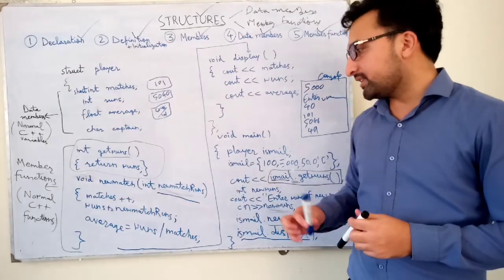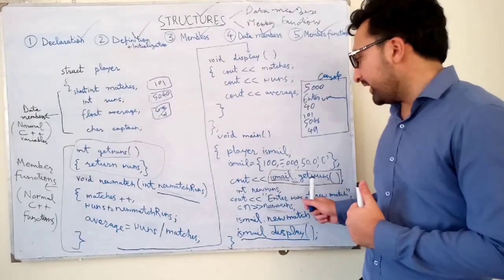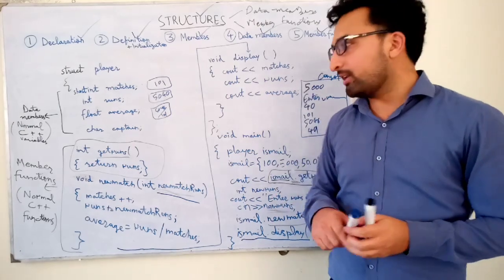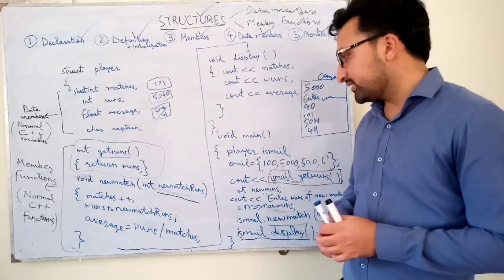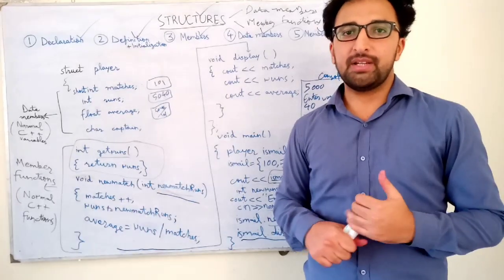The difference is that the functions present inside the structure are accessed through the dot operator and the instance of that structure, and all the other things remain the same. So that is basically it for structures.